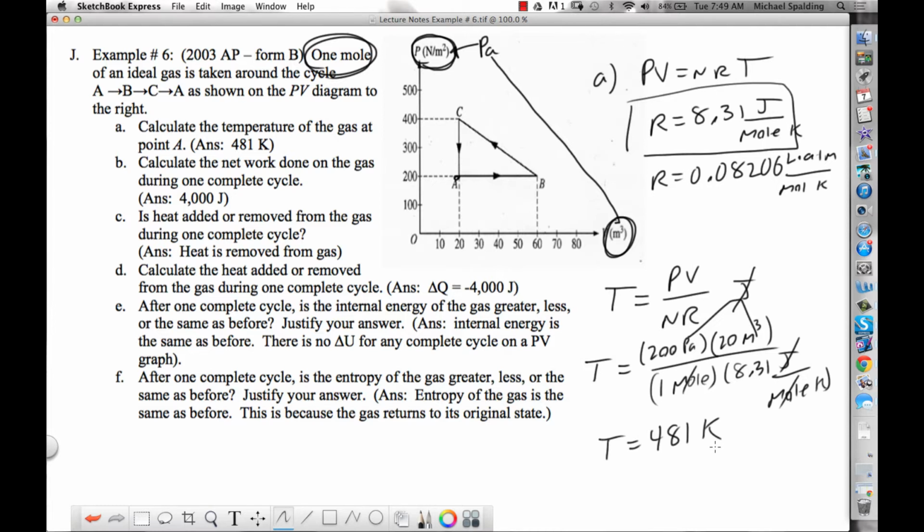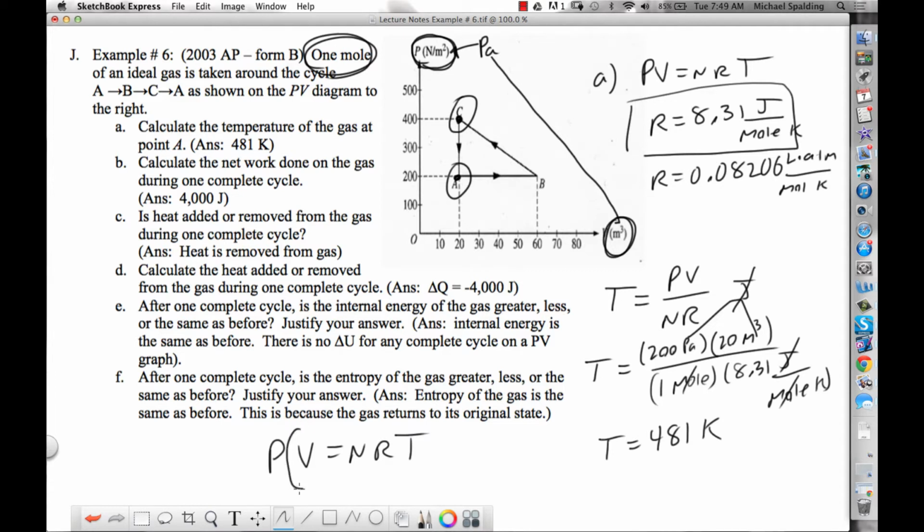PV equals nRT. Now look, while we're here, a very common question with these thermo problems, they'll say, what happens to the temperature? So for example, from C down to A, so see how the gas is running this way? What's happening to the temperature from C to A? Well, how do you figure that out? You go PV equals nRT, circle what stays constant. So if we're going from point C down to point A, what does not change from C down to A?